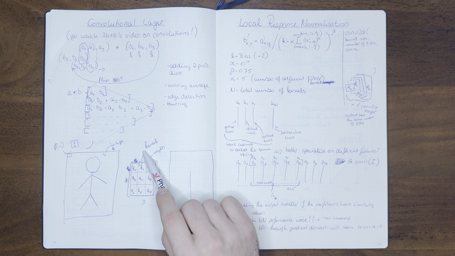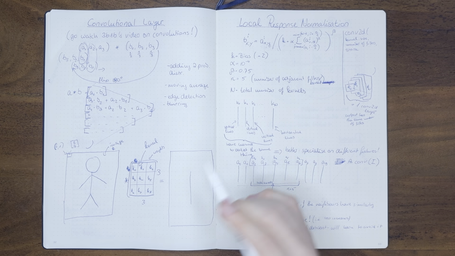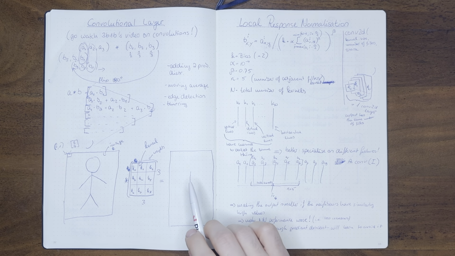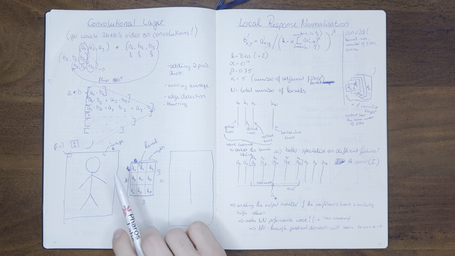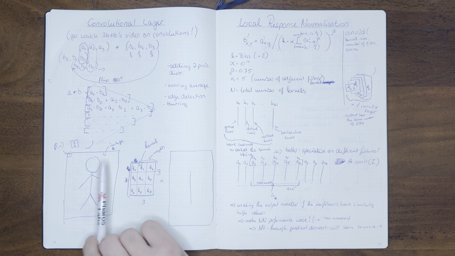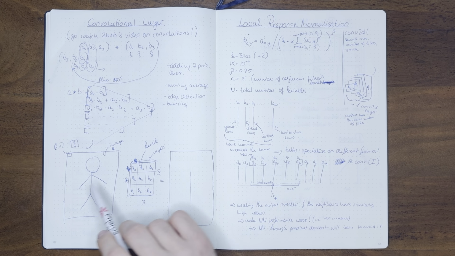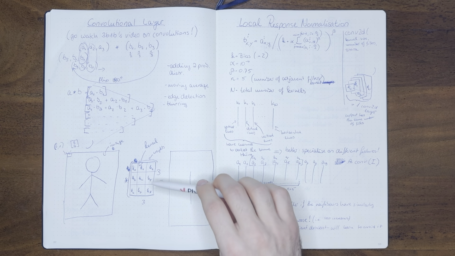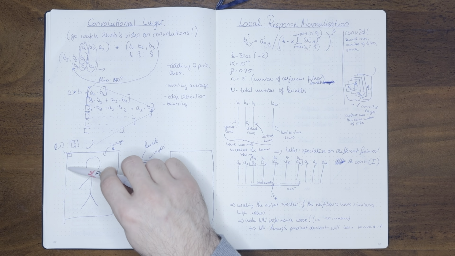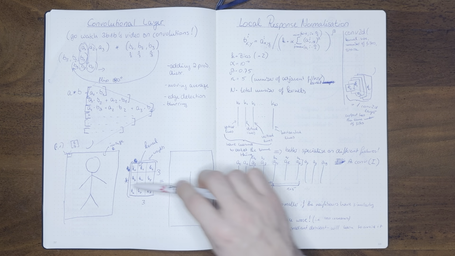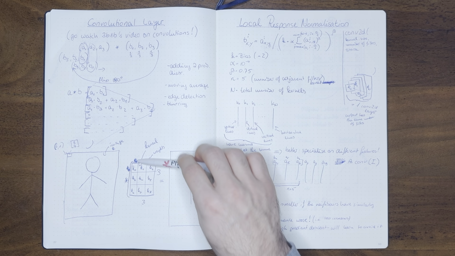Depending on how you choose the values of this kernel, you can get special effects on your output image. For example, I could choose a kernel such that when I take the convolution of my image and my kernel, only the vertical lines would remain. The way you can visualize this is by taking this kernel, again flipping it by 180 degrees and putting it over here, and then moving it along by a stride, and multiplying this patch of the image with your kernel.